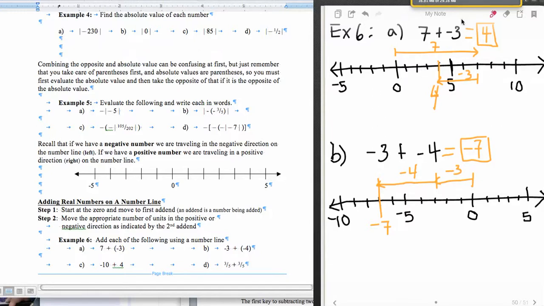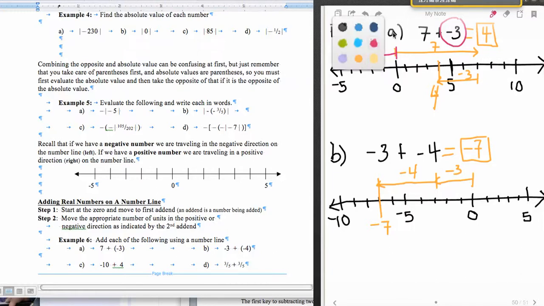So even if I would have started with this -3 here and added 7 to it, I'm still going to get the same answer. So I'm going to do that in red. If I have a -3, I would have started here and gone 1, 2, and 3 in the negative direction. And then from there, I would have said, okay, now I'm going to move 7 in the positive direction.